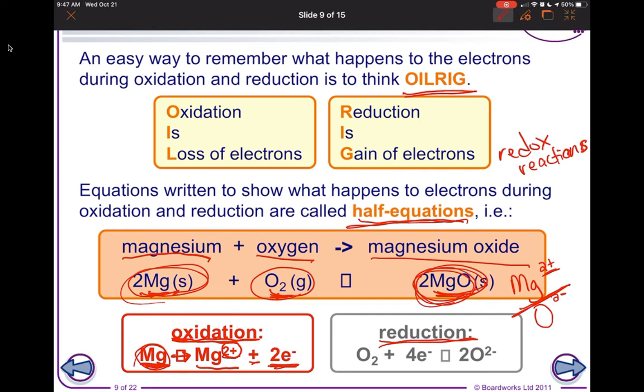But the only way that it can disappear is if it is equal to 0. The way that happens is by electrons, because remember, each electron has a negative charge. So if I have a positive 2 and I add to that 2 electrons, which are negative, I have an overall charge of 0.